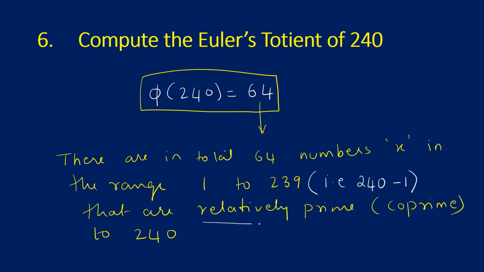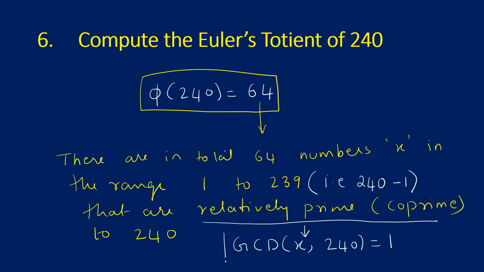And what do you mean by relatively prime or co-prime number? It means that if you check the GCD of these 64 numbers, denoted as x, with respect to 240, the greatest common divisor is 1. So there are in all 64 numbers which satisfy this particular condition.